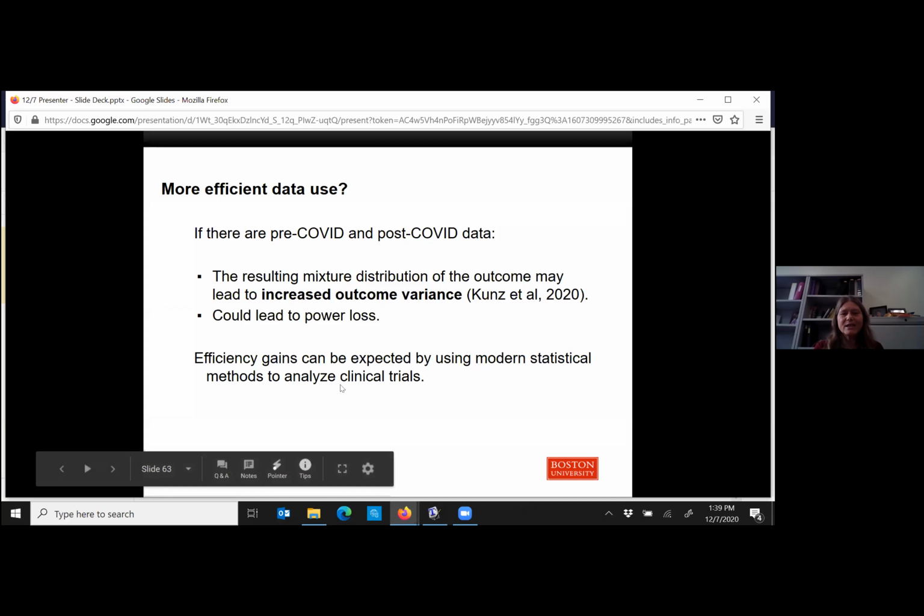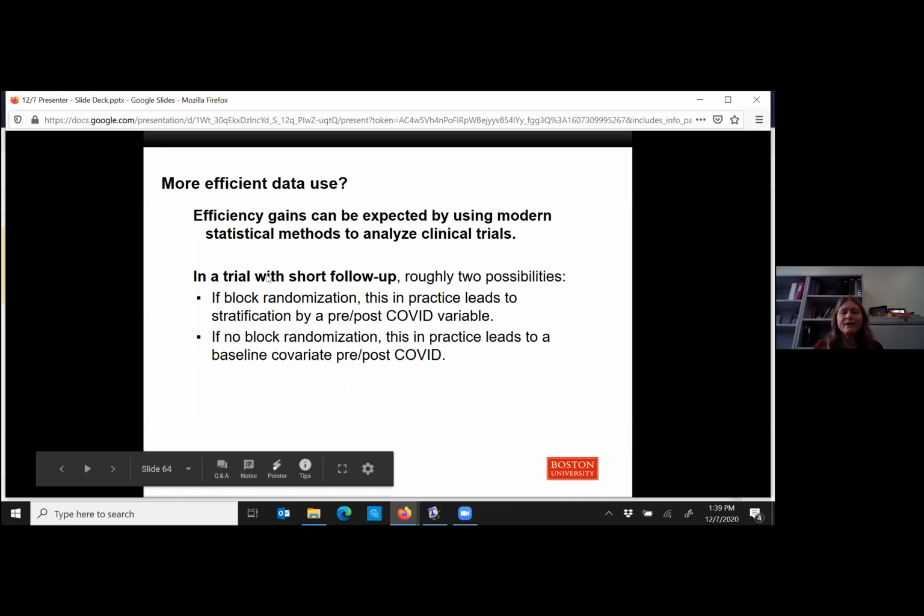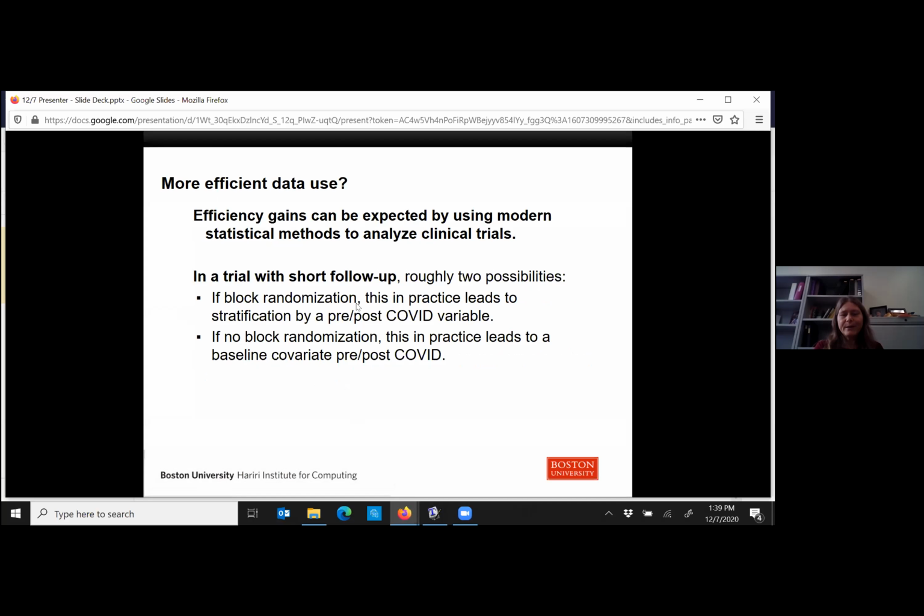Efficiency gains can be expected by using modern statistical methods to analyze clinical trials, and those have been published. In a trial with short follow-up, there are roughly 2 possibilities. If there is block randomization, this in practice leads to stratification by a pre or post-COVID variable. If there is no block randomization, this in practice leads to a baseline covariate, pre versus post-COVID.